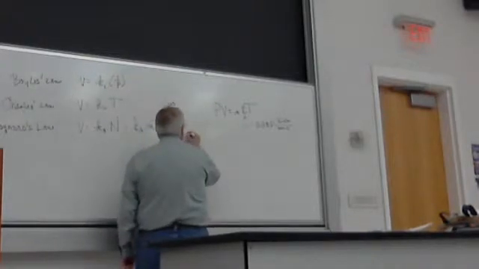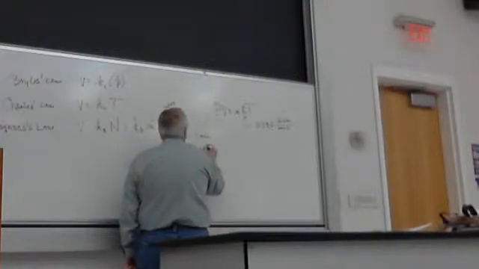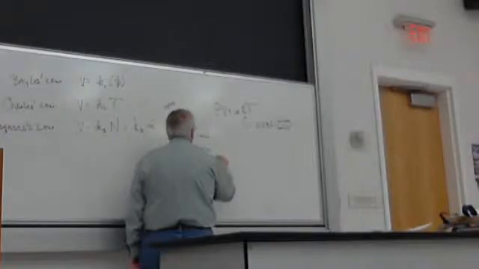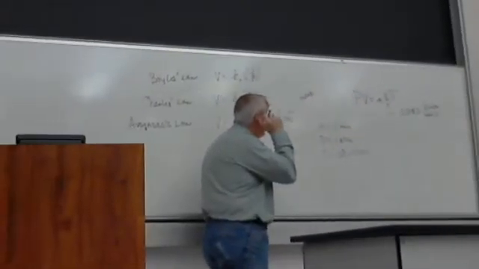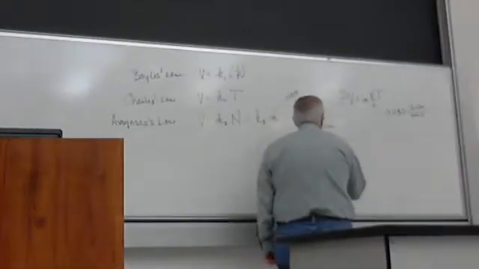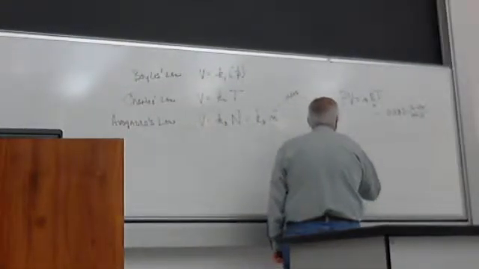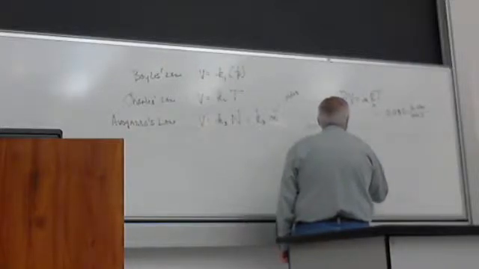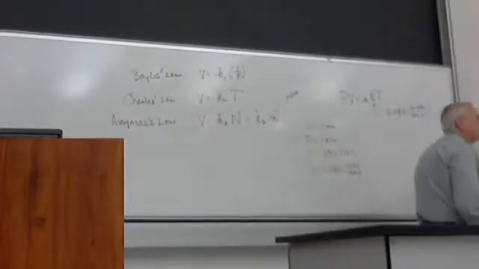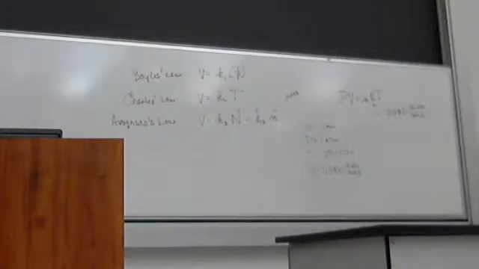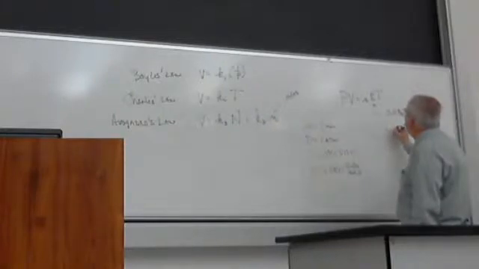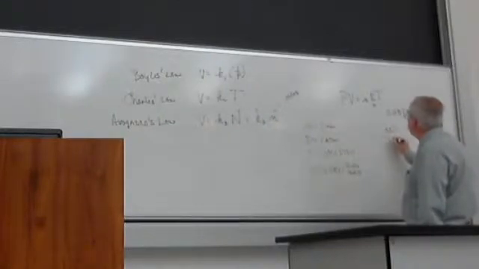And so what we're saying is N is equal to 1 mole, P is equal to 1 atmosphere, T is equal to 0 degrees centigrade, which is 273 Kelvin, and R is 0.0821 liter atmospheres per mole Kelvin. So, can I solve my ideal gas law for volume? Sure. Volume is simply equal to nRT over P.